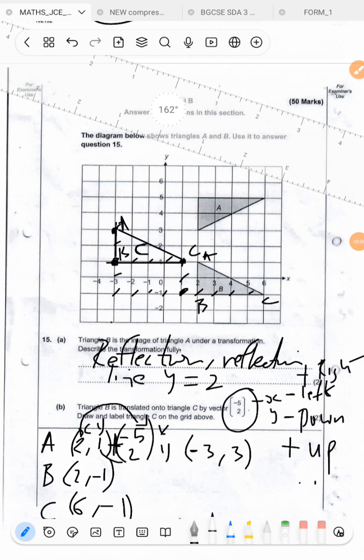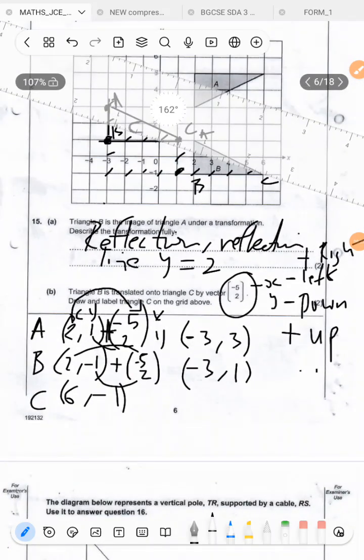We do the same thing to the next one. 2 plus -5, we get what? -3. -1 plus 2, we get what? +1. Then the last one, -5, 2.